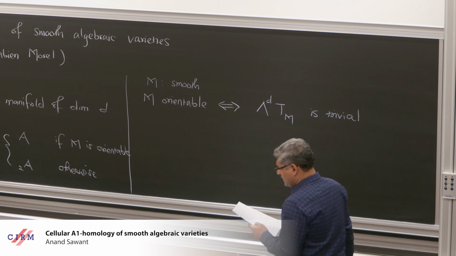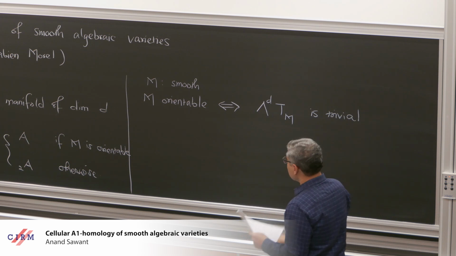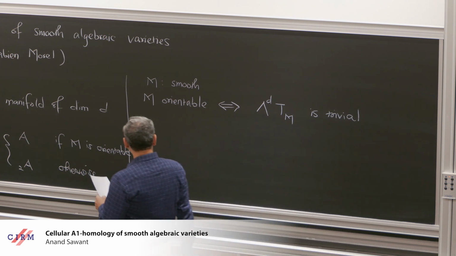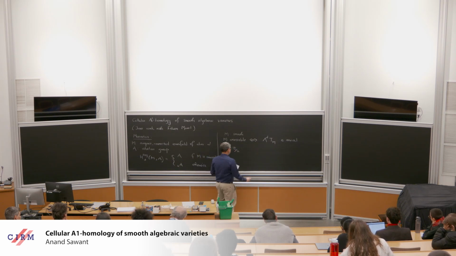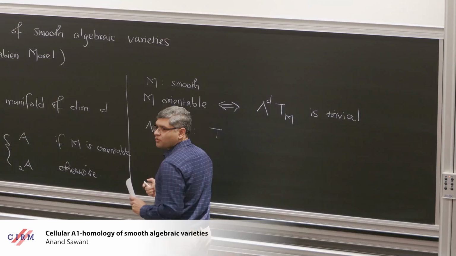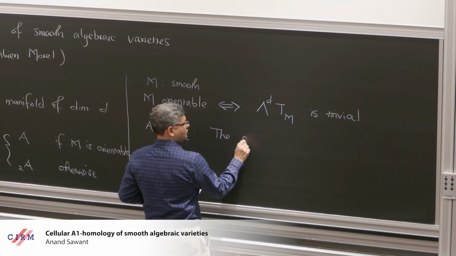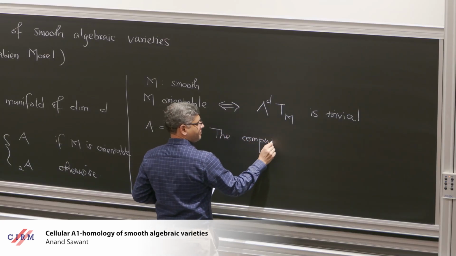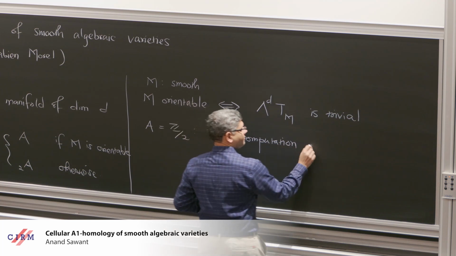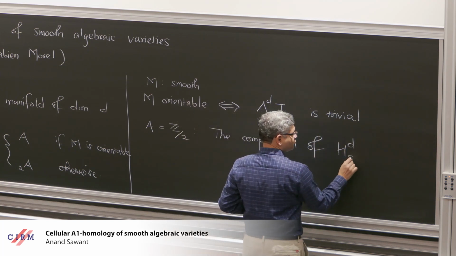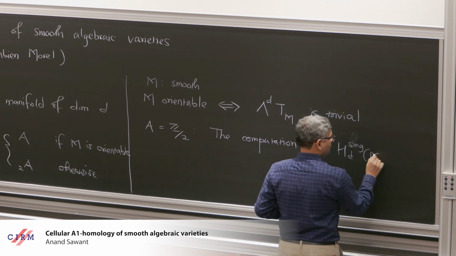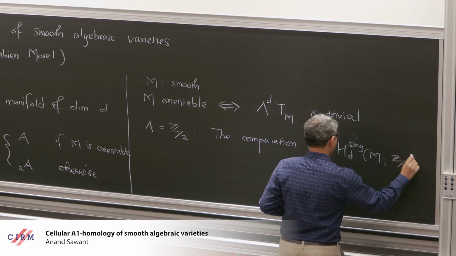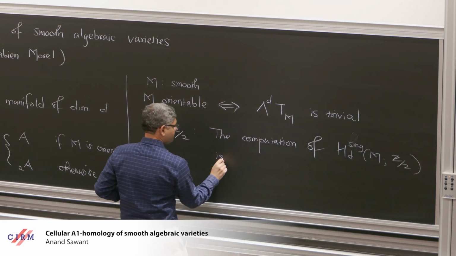Another remark I want to make is that when A is Z modulo 2, then the computation of the top homology group is insensitive to orientation.